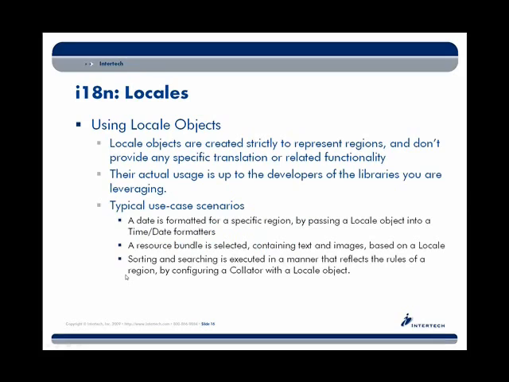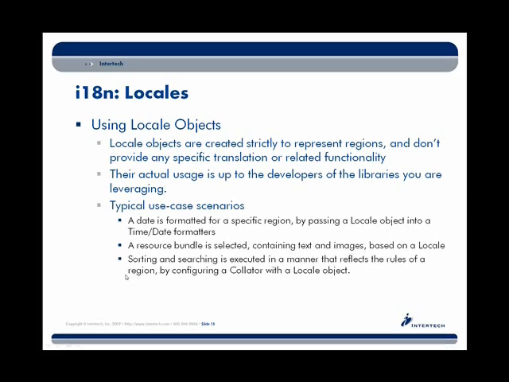Once we've created our locale object that we're going to use, what do we do with it? Well, we don't really do too much with the locale object itself. Again, it's really created to represent a region. It doesn't provide any specific translation or related functionality in itself. It's what you pass along by calling a method, and the method will then look and see what the locale object is, and then decide what it needs to do based on that locale object.